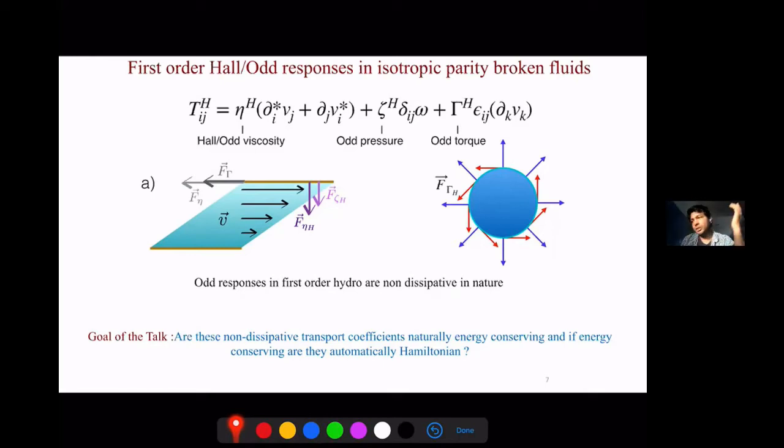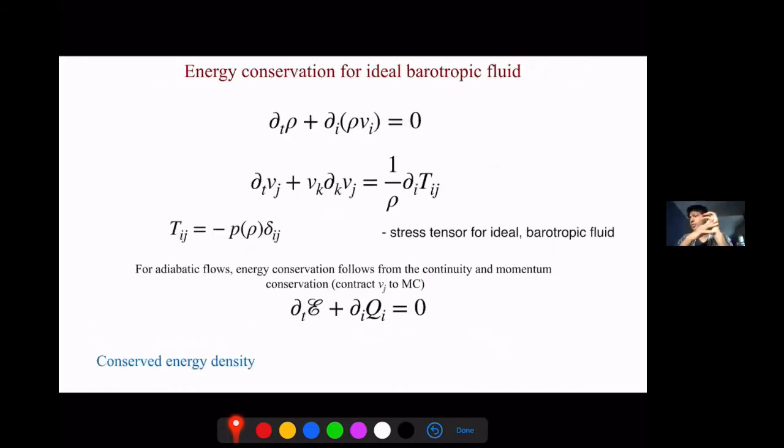Okay, so the first question is: because intuitively these responses are non-dissipative in nature, does the hydro itself have a conserved energy density or not? That will be the first question. Before going there, let's see how we study energy conservation for an ideal barotropic fluid. Barotropic fluid means that the density is a function of pressure alone.